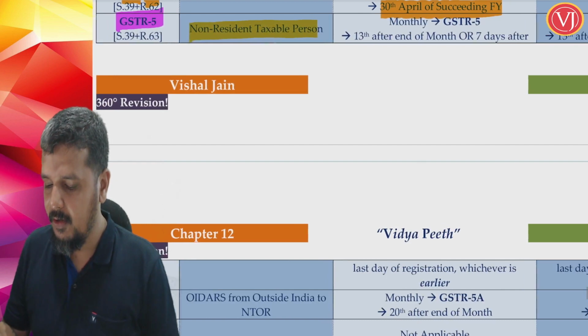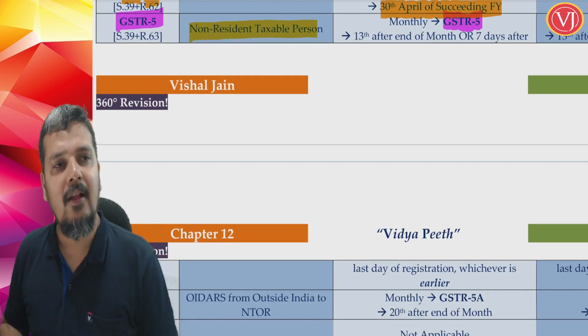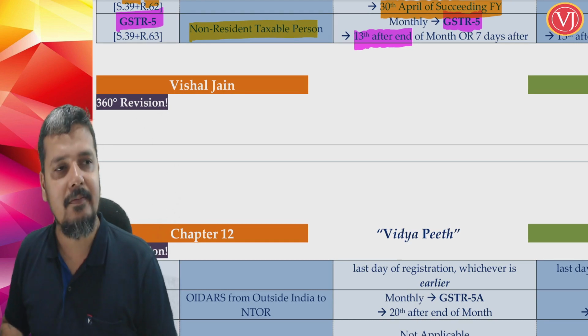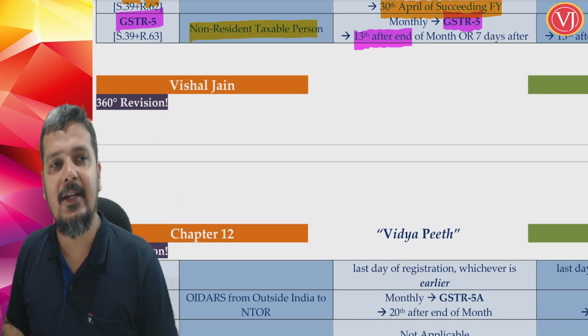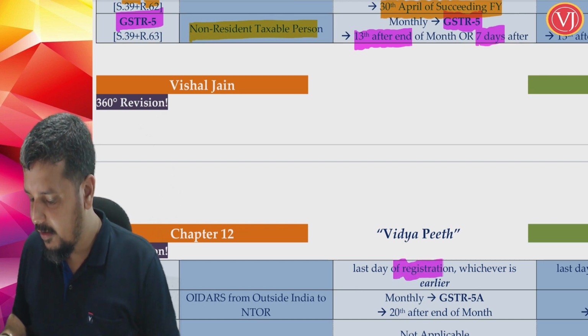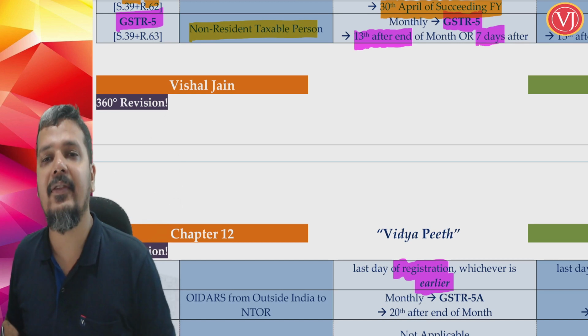For NRTP, you have to file GSTR 5, which is due on the 13th after the end of the month, or 7 days from the last date of registration, whichever is earlier, because they'll have temporary registration, right?